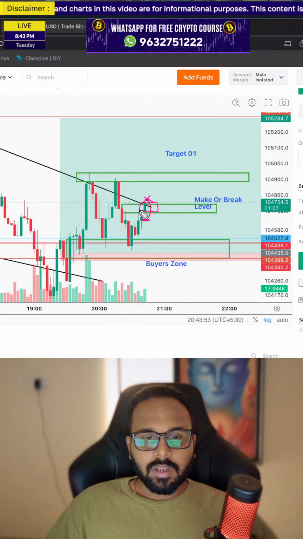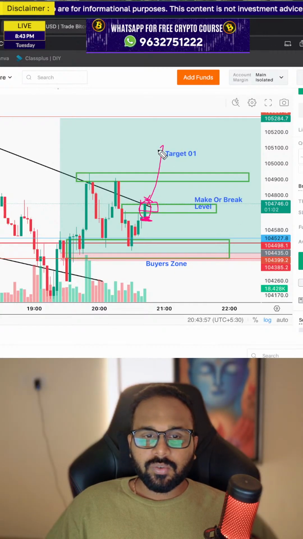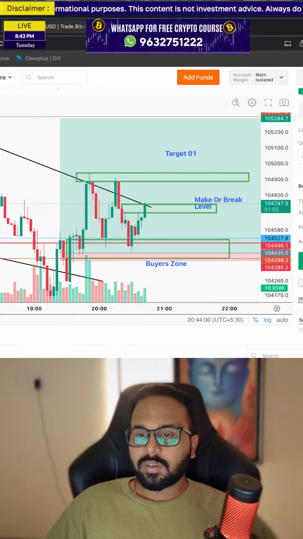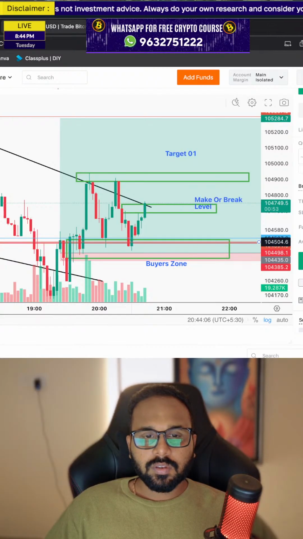This is the make or break level. So if it holds on to this range and continues, that's a good thing for us, right? In that case, you can consider reducing your stop loss.